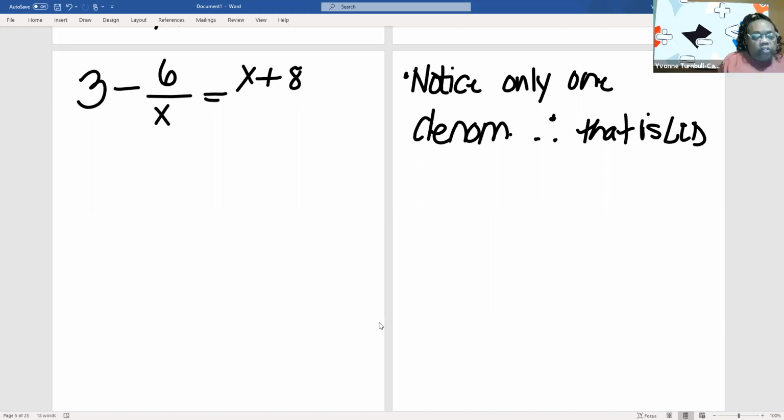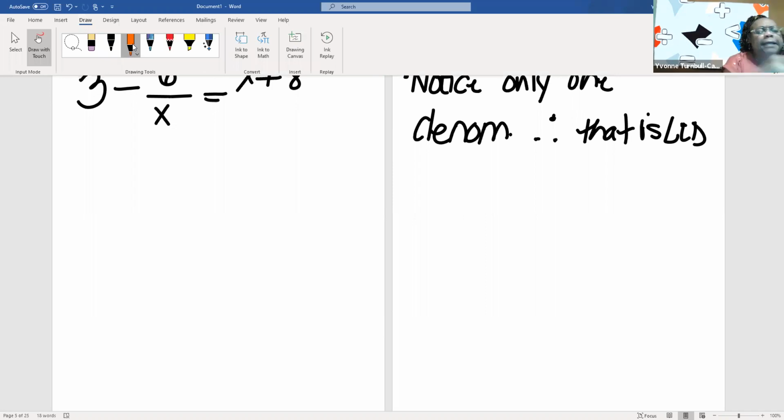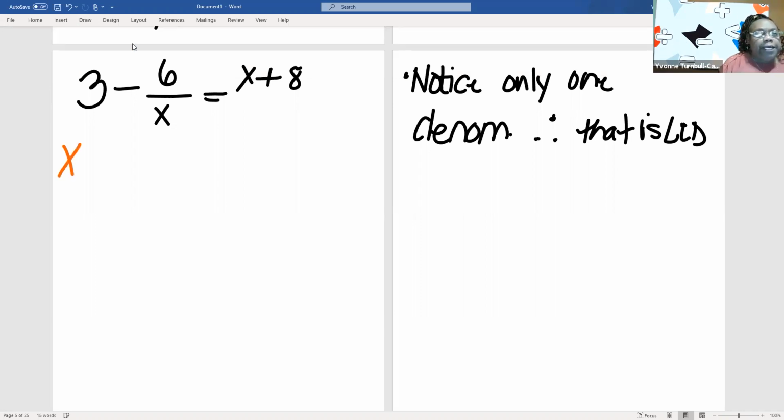I'm still going to do what I've done in the previous problems and multiply each term, and I have 3 terms, so each one is going to be multiplied by x. Now, 3 is an integer, so I do not have to write my x as a fraction. But my second term is a fraction, so I'm going to write my x as a fraction for that one.